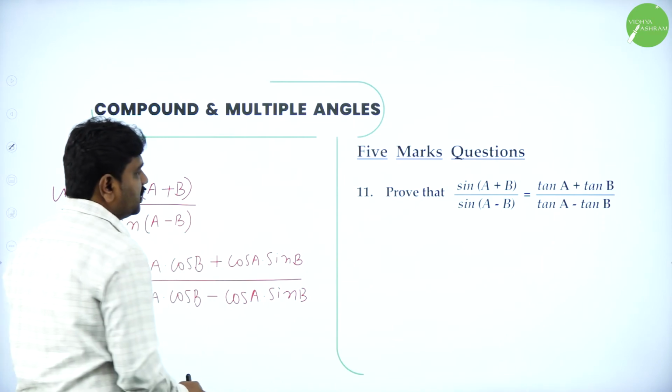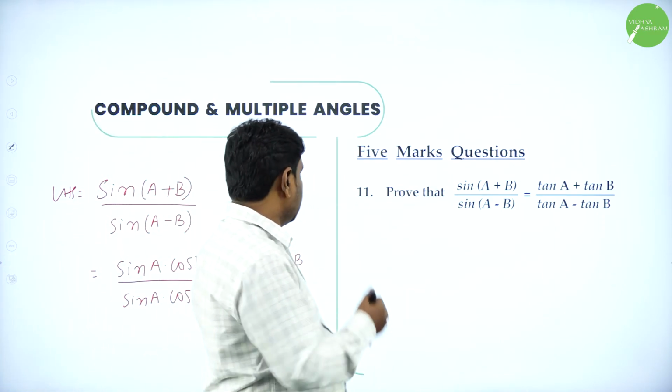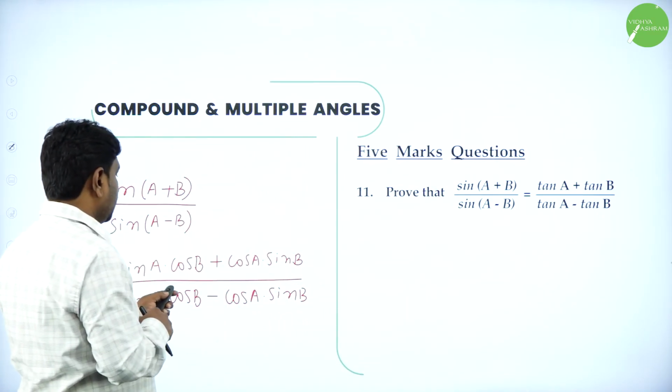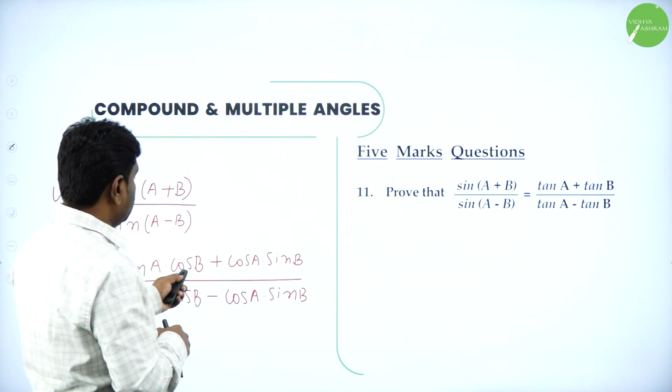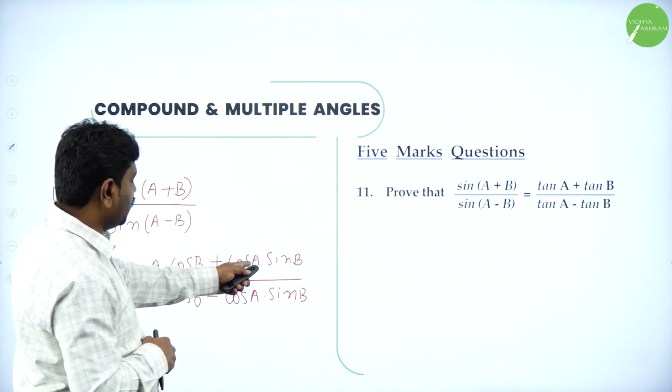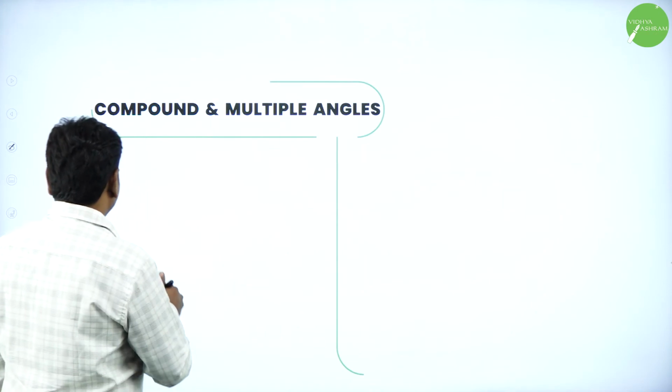If you observe, all the terms are in terms of tan. But here we have tan A we need, but we don't want cos B. And here we need tan B, we don't want cos A. So, what you should do?